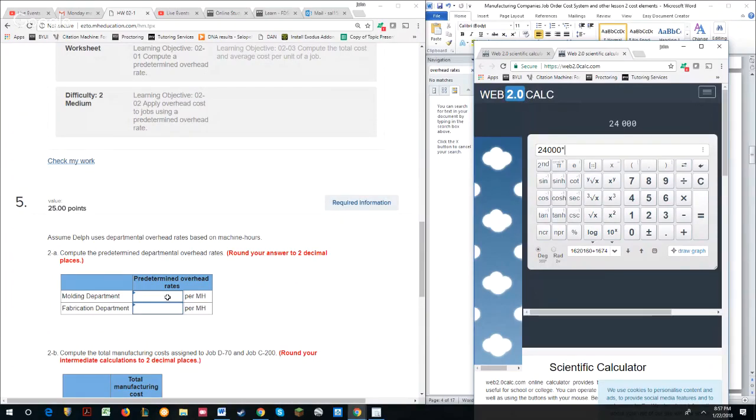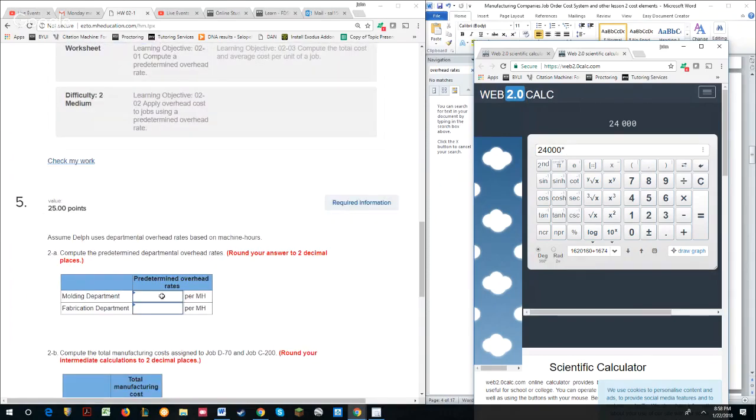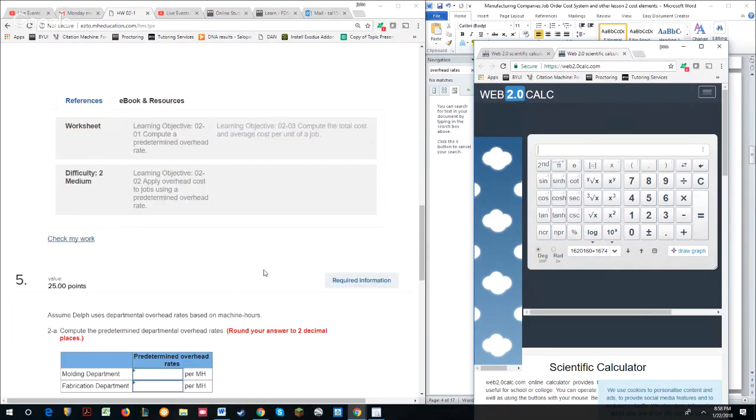And that's just the variable they're asking for? Predetermined departmental overhead rates would be per machine hour. Yeah, so you've got to divide it by the 25,000 or 24,000 on yours. So I'm coming up with 36.